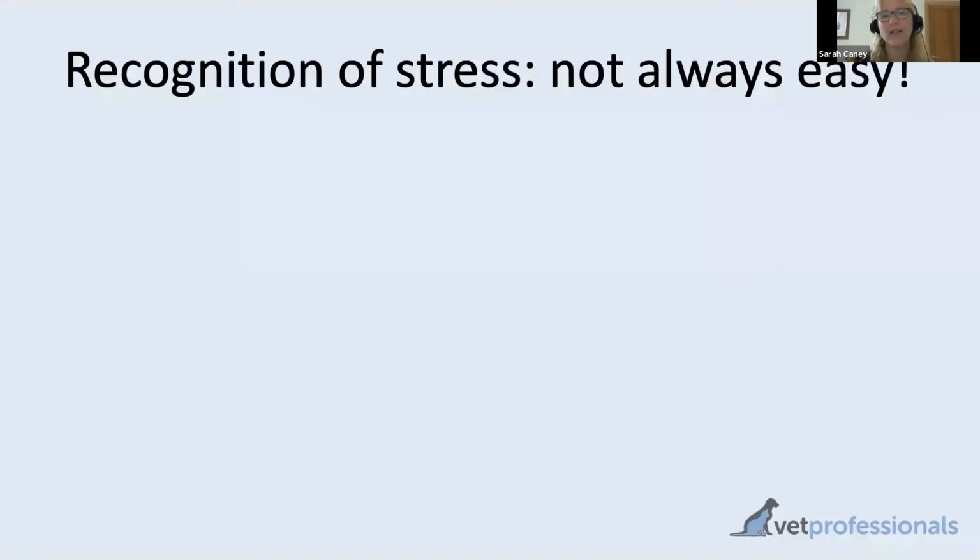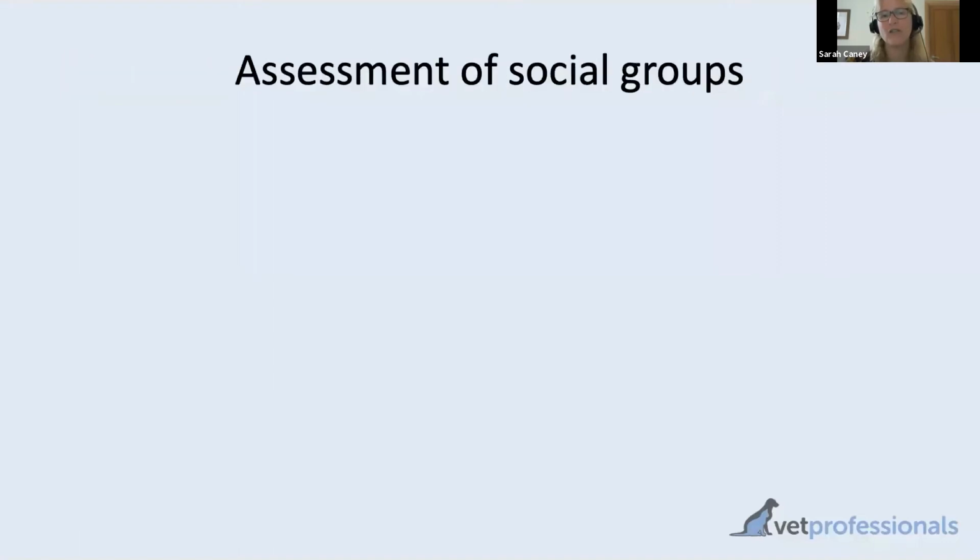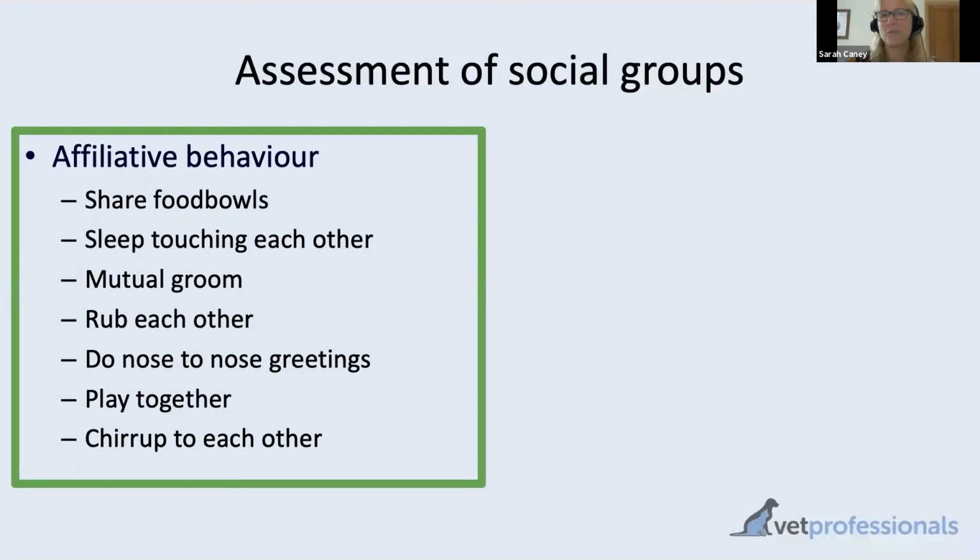To do that, a useful exercise is to firstly explain to you what to look out for in your cats, and secondly, to then observe your cats for these behaviours. So I've put a green box around these behaviours. These are what we would call affiliative behaviours. These are positive, friendly behaviours that cats might show towards each other.